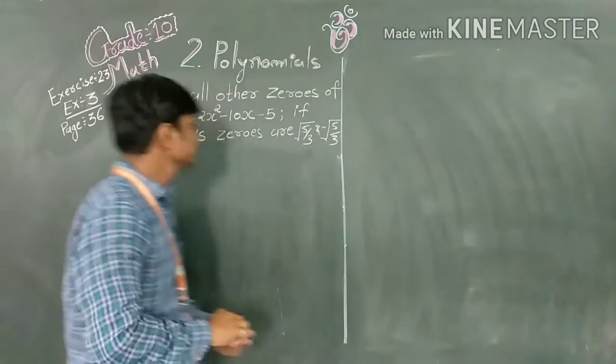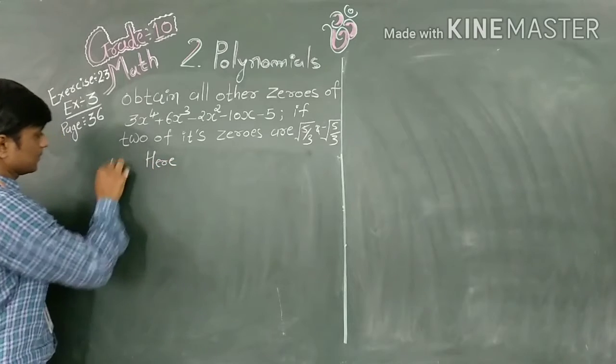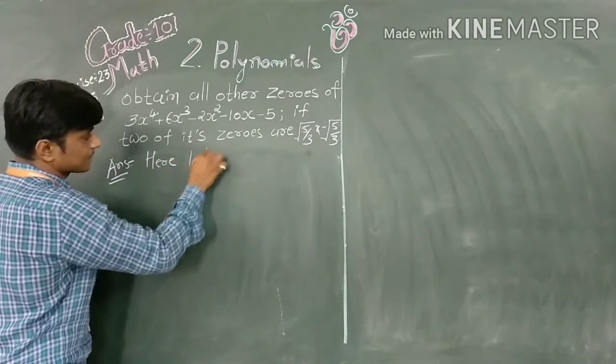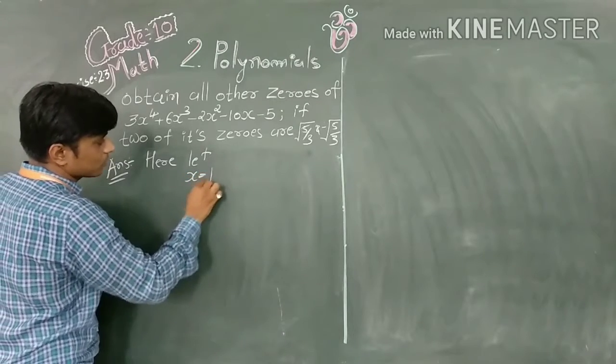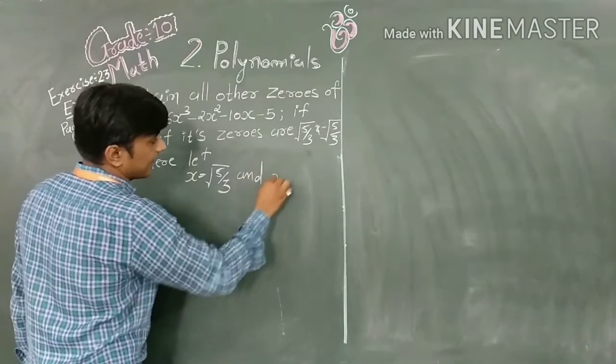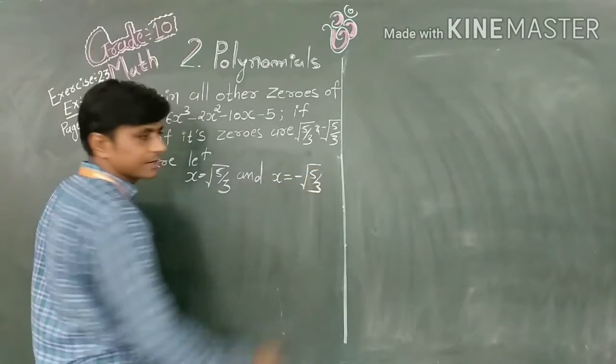Okay, let's begin. Let x is equal to under root 5 upon 3 and x is equal to minus under root 5 upon 3.